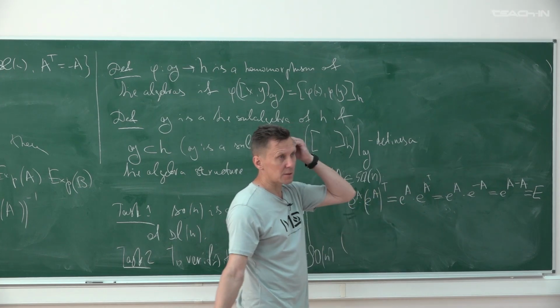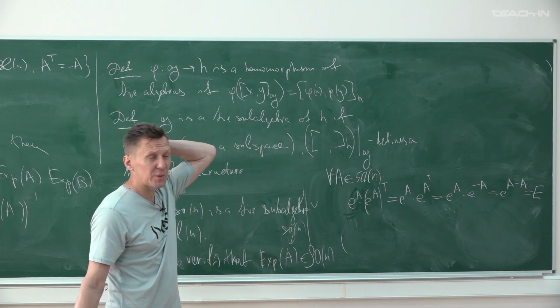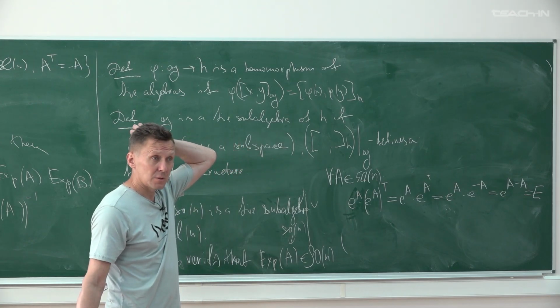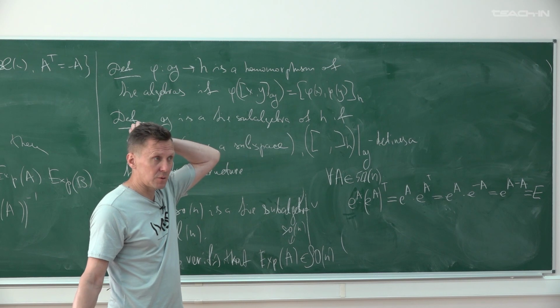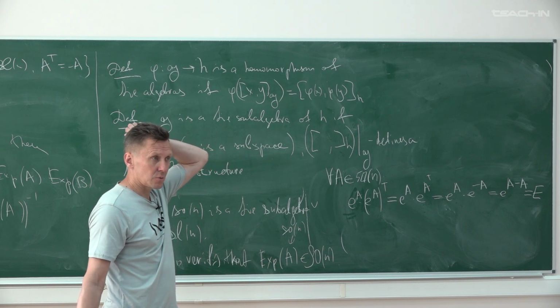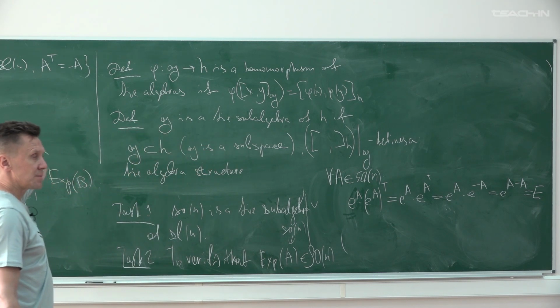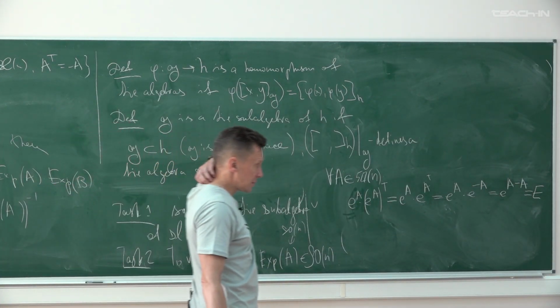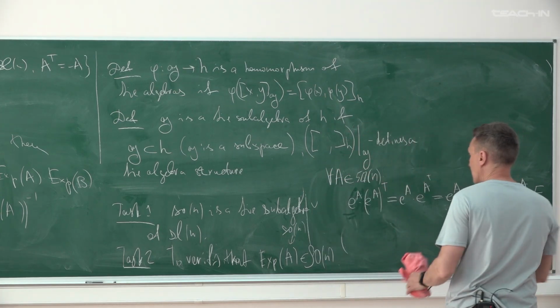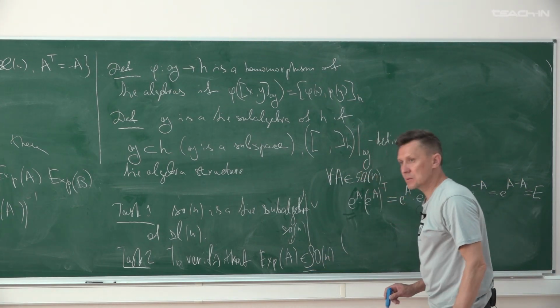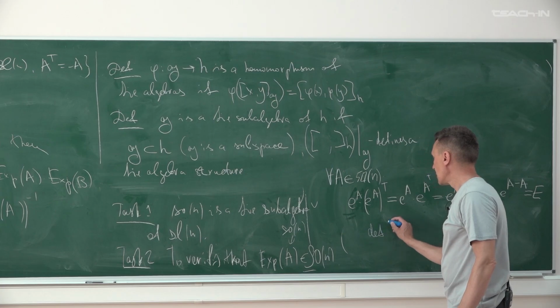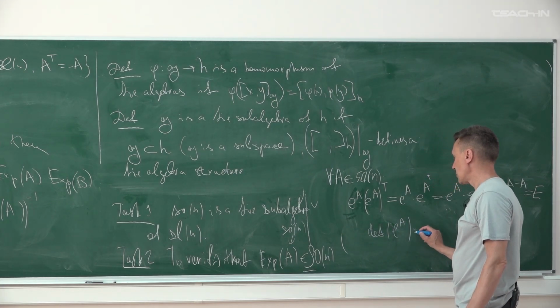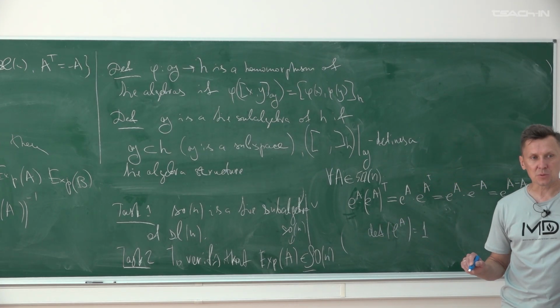Generally, you can obtain the determinant plus or minus 1, but here it is only plus 1. Do you have an idea? So this S means that the determinant of A is equal to 1, not minus 1.